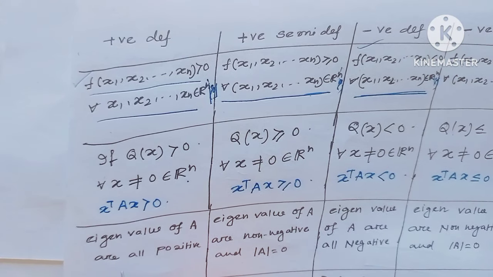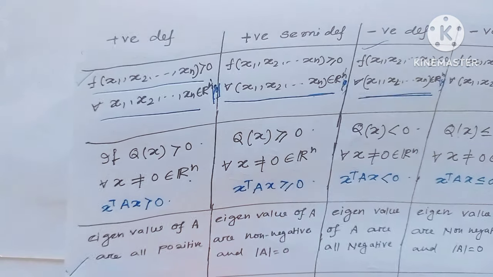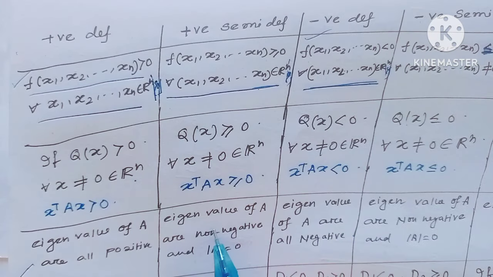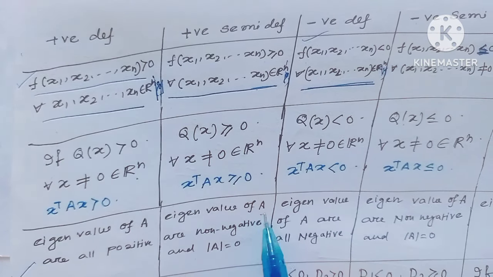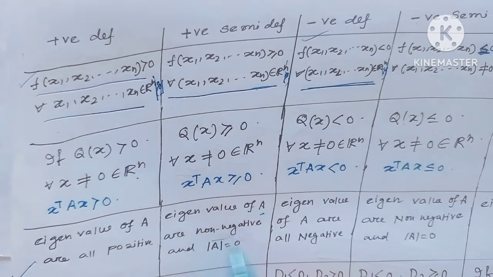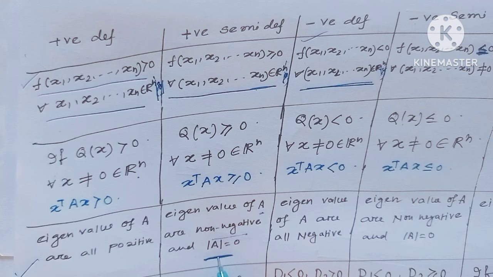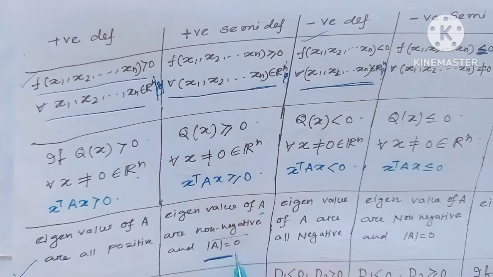Another method for positive definite is that the eigenvalues of the matrix A are all positive. For positive semi-definite, the eigenvalues of A, where A is a symmetric matrix, are all non-negative, which means an eigenvalue can be 0 also, and the determinant of A is equal to 0.